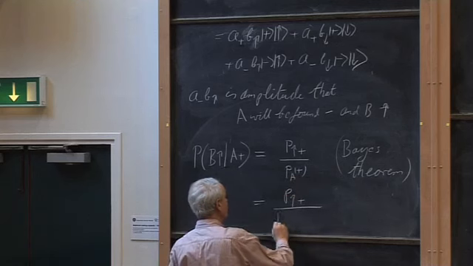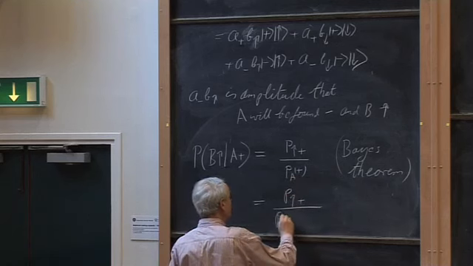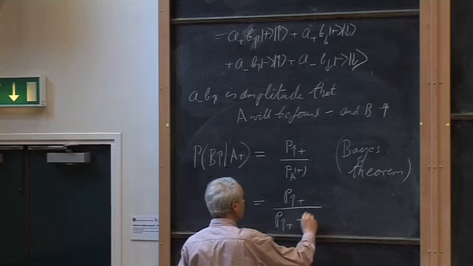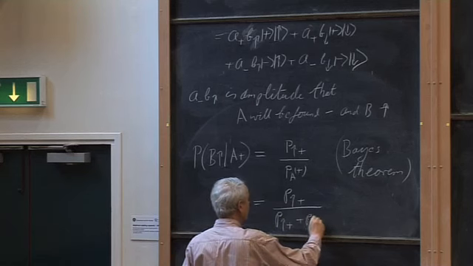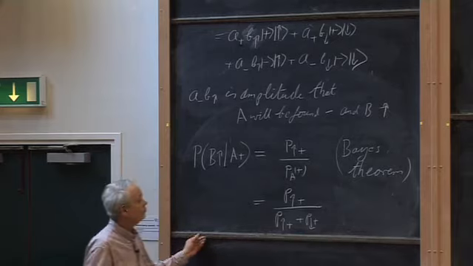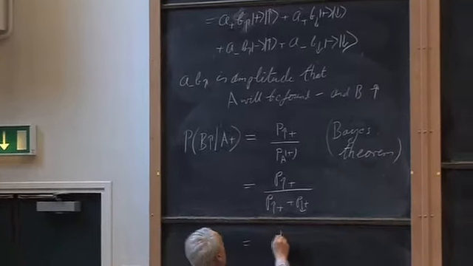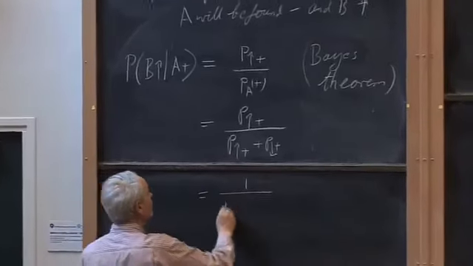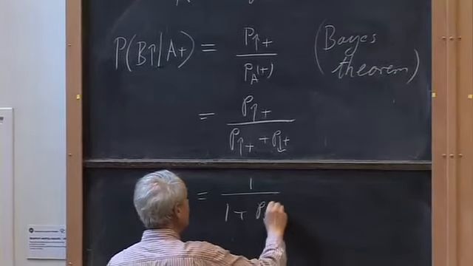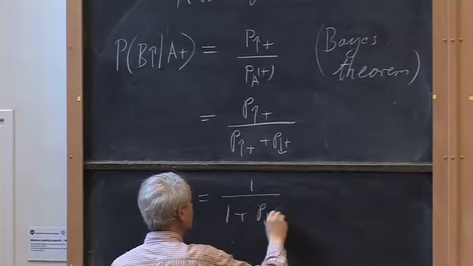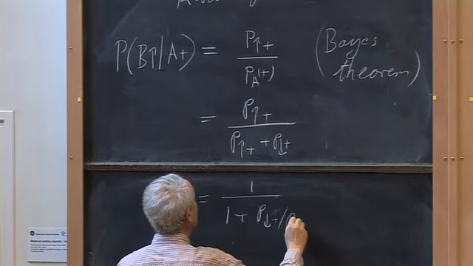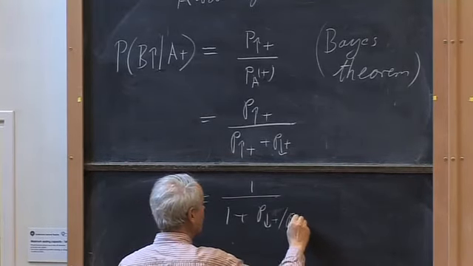So this probability on the bottom is P up plus plus P down plus. So this is equal to 1 over 1 plus P down plus over P up plus.